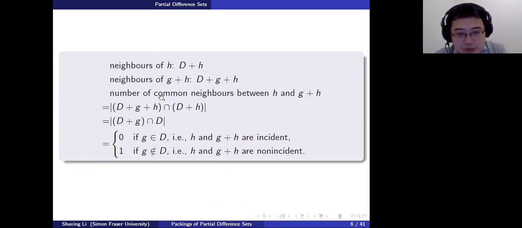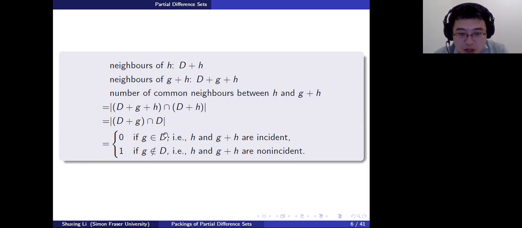And if we want to compute the number of common neighbors between h and g plus h, we just do this straightforward intersection. This intersection reduces to the intersection we have seen before, and it takes exactly two values.